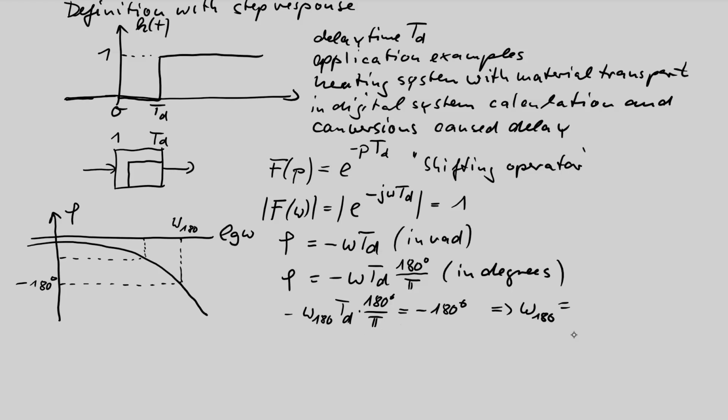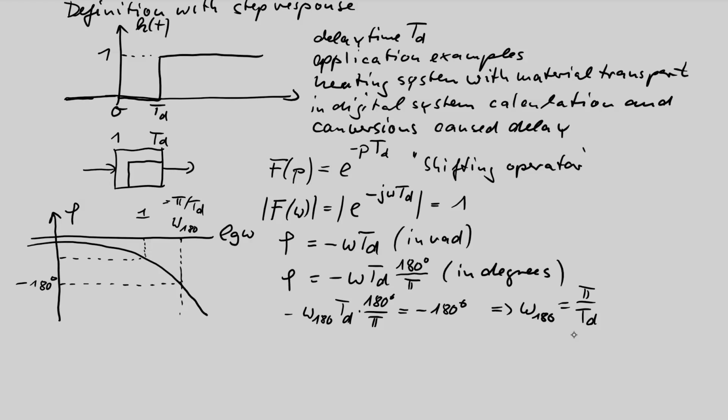This is true where omega 180 times Td over pi is 1, or omega 180 is pi divided by Td. So the frequency here is pi divided by Td.